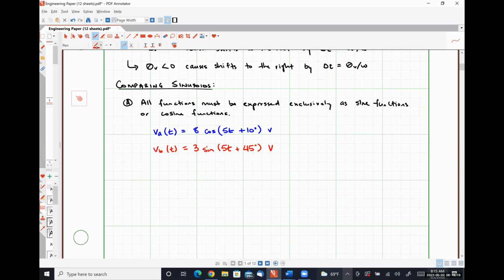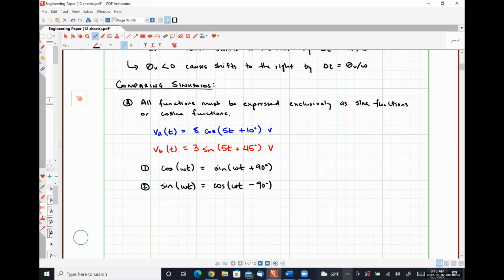So these trig identities, which I'm going to call identity number 1 and 2, are cosine of omega t is equal to sine of omega t plus 90 degrees. And alternatively, we could say that sine omega t is equal to cosine omega t minus 90 degrees.